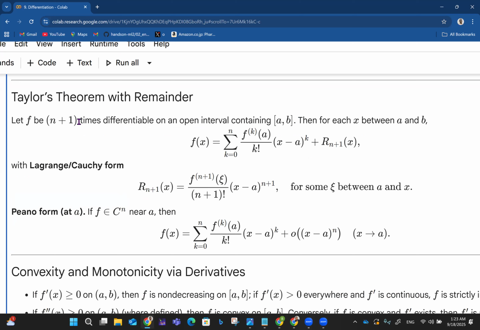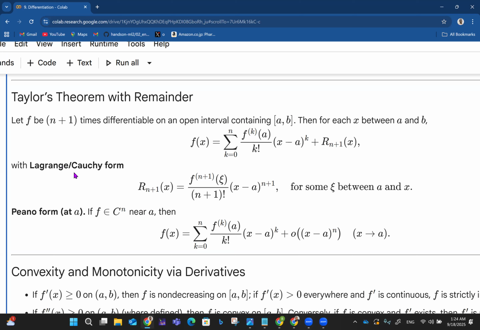So let f be n plus 1 times differentiable. That means you can differentiate f n plus 1 times on an open interval containing the closed interval [a, b]. Then for each x between a and b, we can say that f of x is the summation from k equals 0 to n of f^(k) of a over k factorial times (x minus a) to the k, plus R_{n+1}(x).